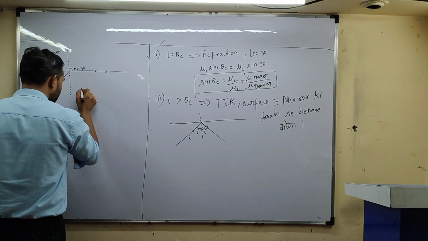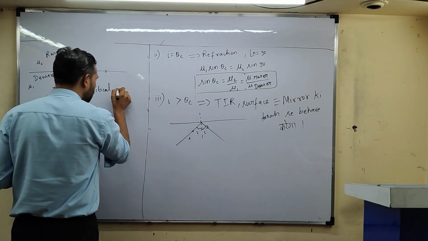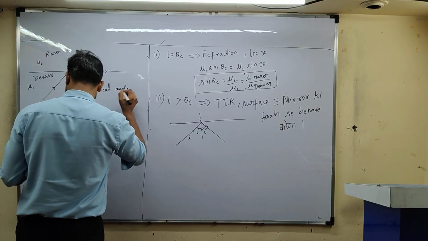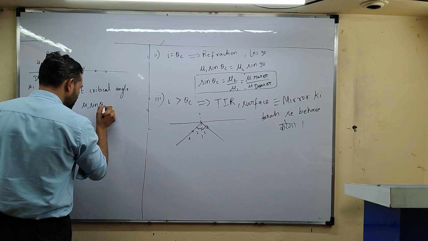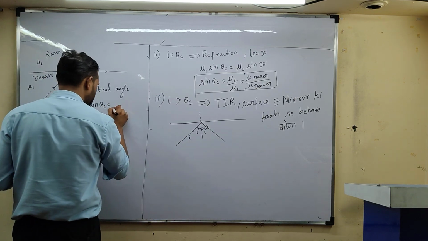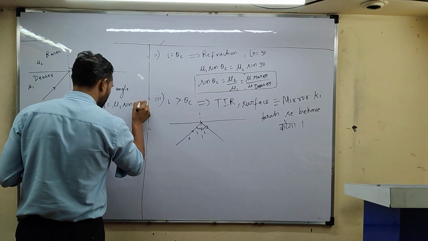At critical angle, we know mu1 sine theta c is equal to mu2 sine 90.